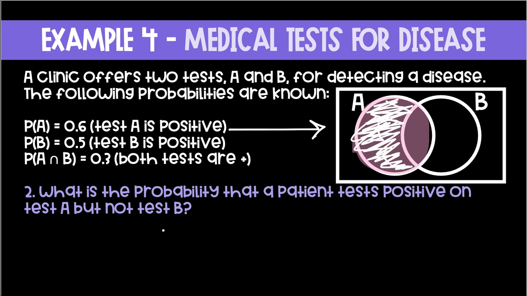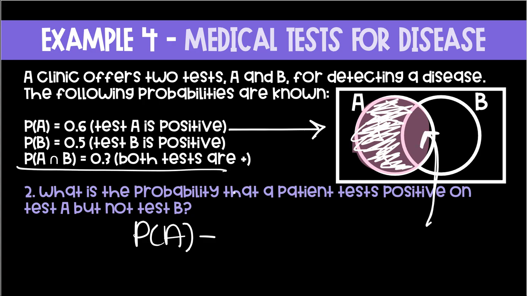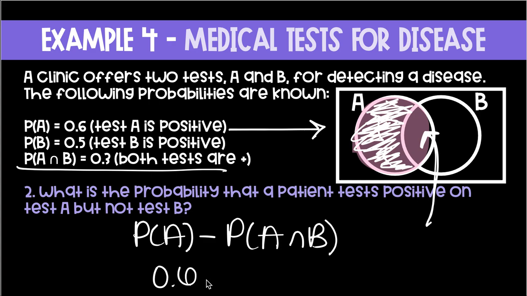What would I need to do? I need to subtract from the probability of A the probability of the intersection. I'm going to take away this intersection. What's the probability for the intersection? 0.3. The probability of A minus the probability of the intersection of A and B. That is 0.6 minus 0.3, 30%.